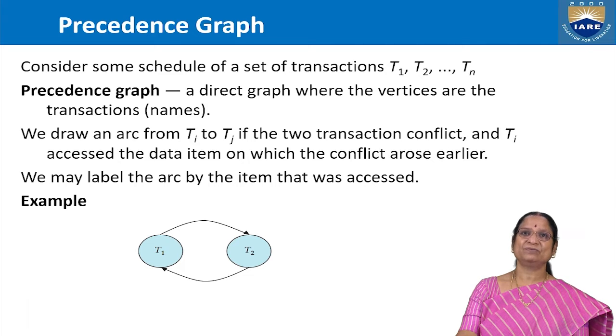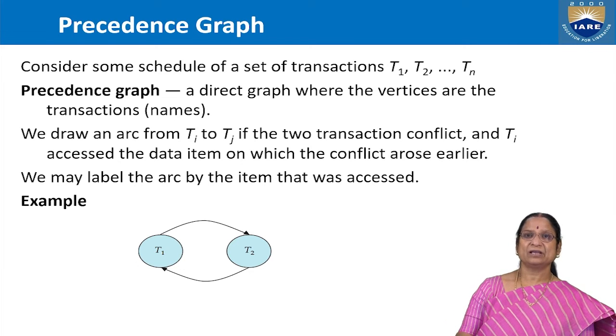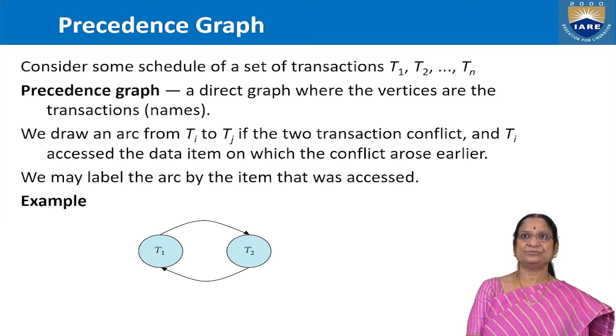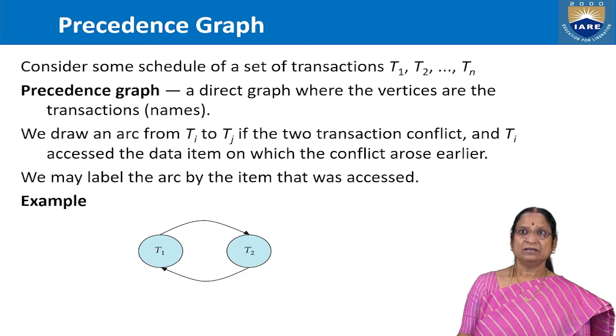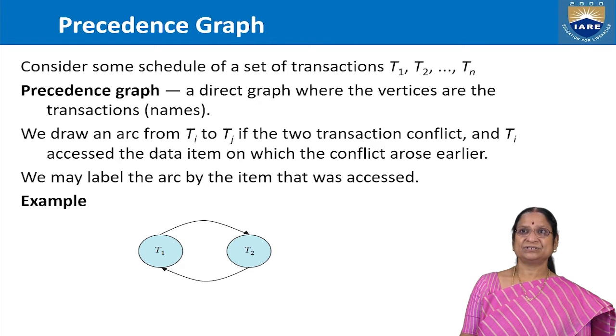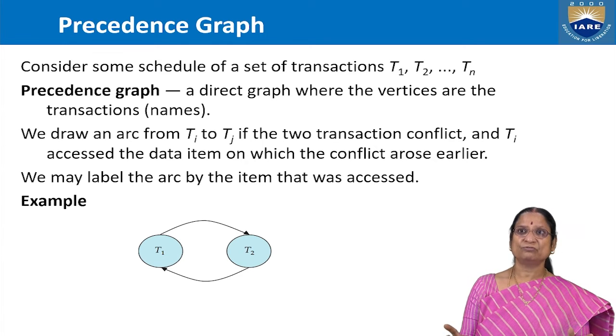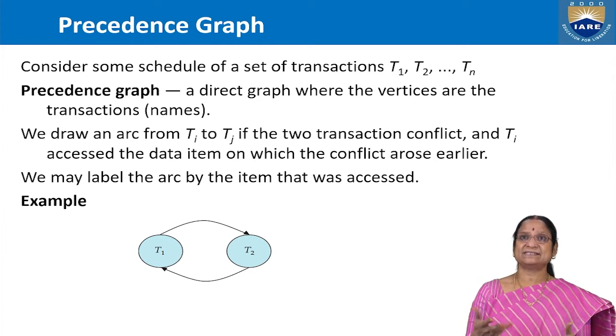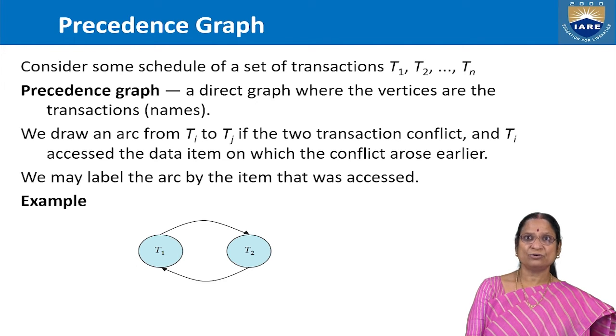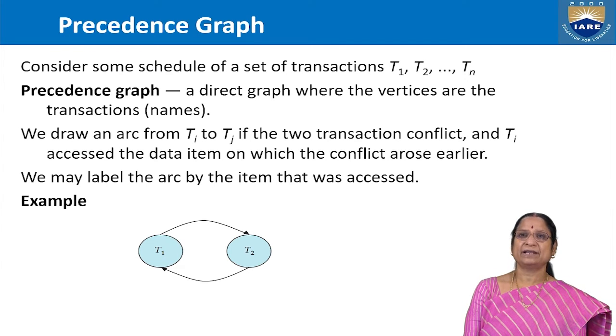Next, we will define the precedence graph. The precedence graph is used to check whether the transactions have any conflict instructions or not. For example, for a schedule of transactions T1, T2, up to Tn, the precedence graph is a graph where the vertices are the transactions themselves, and arcs are drawn from a transaction Ti to Tj if the two transactions conflict.